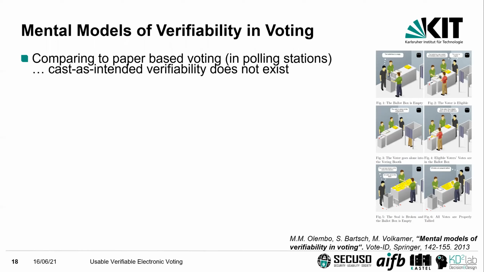So there's a lot you can do, and there's a lot people could, at least in Germany, know of what you can verify. But what is important to notice here is that the first step, cast as intended, does not exist in the paper-based system, because you get your piece of paper and a pen, you make a cross for one candidate, you put it into the ballot box, and there's no way for someone to change it in this polling station election.